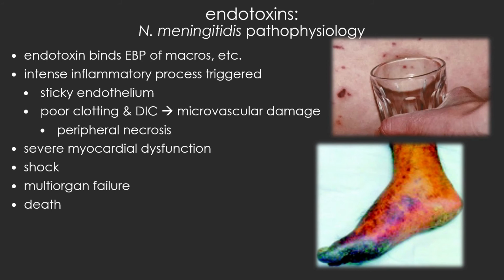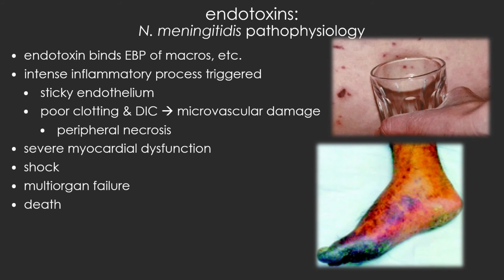And because they're sticky, you get clotting elsewhere. So you get this disseminated intravascular coagulation where you have weird little clots forming in small blood vessels, and that depletes platelets and clotting factors, which means that you get excessive bleeding elsewhere.